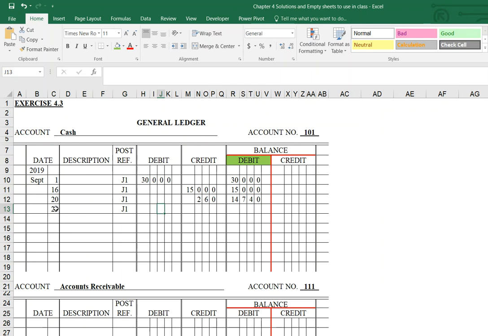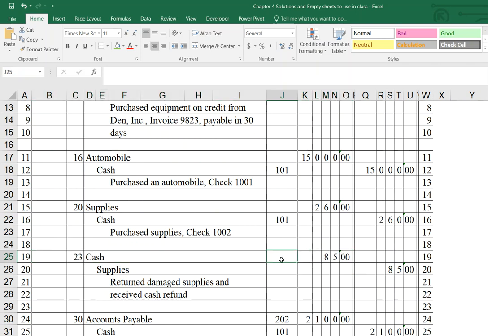And $85. So we add that to our 14,740, and we come up with 14,825. And we finish that. Back to our journal, and 101 goes there.